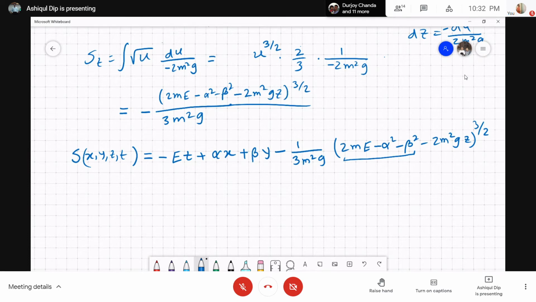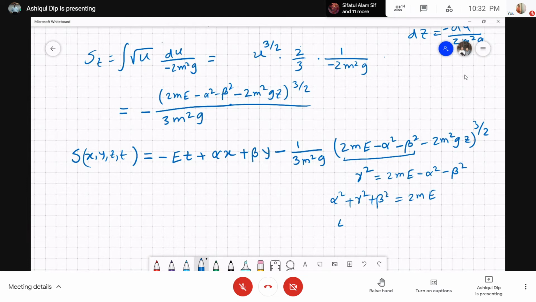Can we consider this thing to be gamma squared? So if gamma squared equals 2mE minus alpha square minus beta square, it gives me alpha square plus gamma square plus beta square equals 2mE, right?